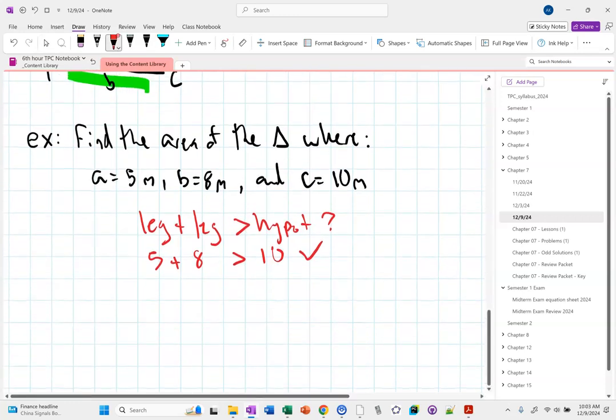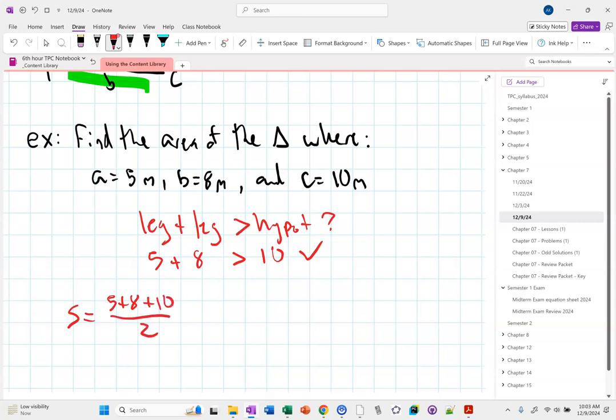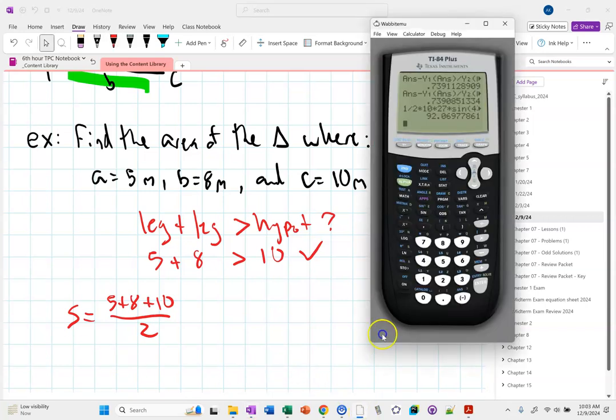All right. So I'm going to start by computing S. Now, I need every single person in here to watch, because if you don't pay attention to this, you're going to do this exact same thing on your calculator and get the wrong answer. 5 plus 8 plus 10 divided by 2 is 18.